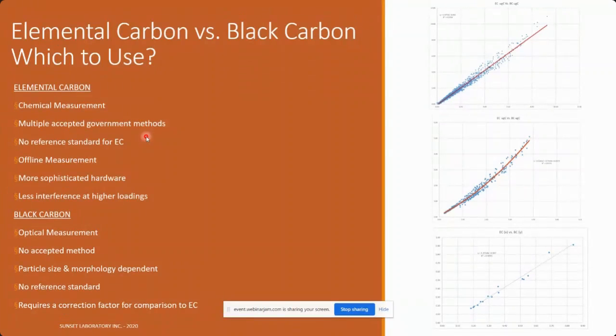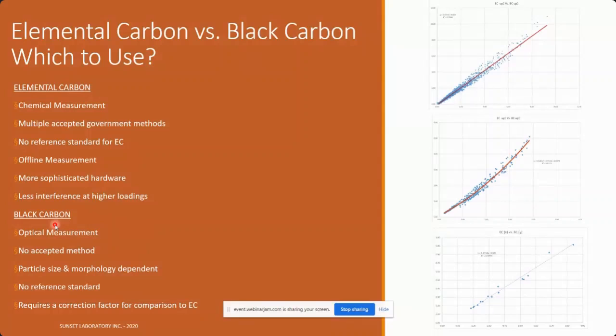It does require some more sophisticated hardware. The instrument requires a quartz oven. Depending on how you're doing the analysis, you can use either helium or argon gases. But depending on what you're measuring, you also have the ability to go to much higher loading.